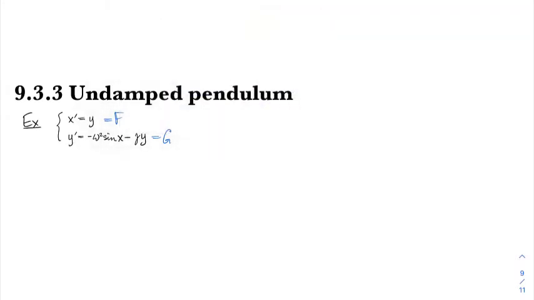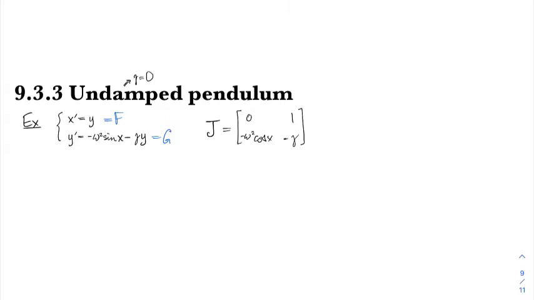So the Jacobian for this is going to be 0, 1, minus omega squared cosine x, minus gamma.